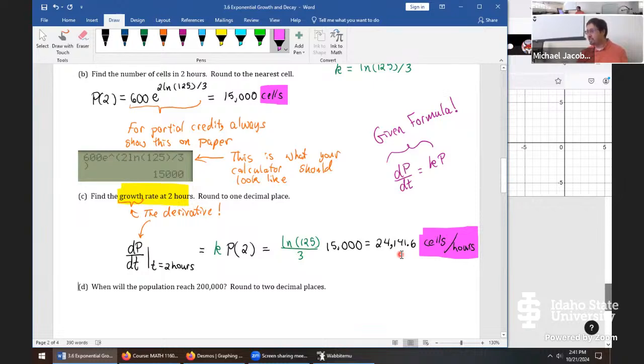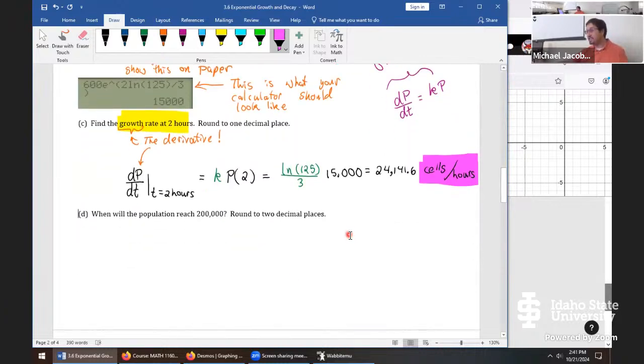And now a follow-up question says, well, how long will it take to get to 200,000 cells? That's kind of hard to guess, but if I had to guess, it's got to be somewhere maybe in the 4 or 5 hour range. But this is exponential growth, so answers can be pretty surprising.